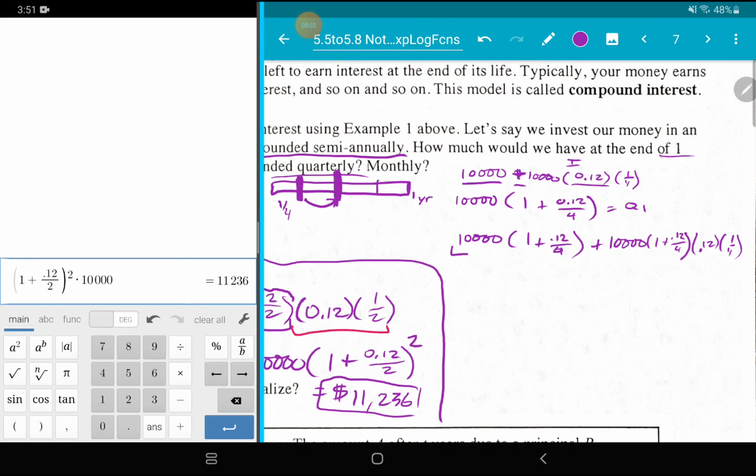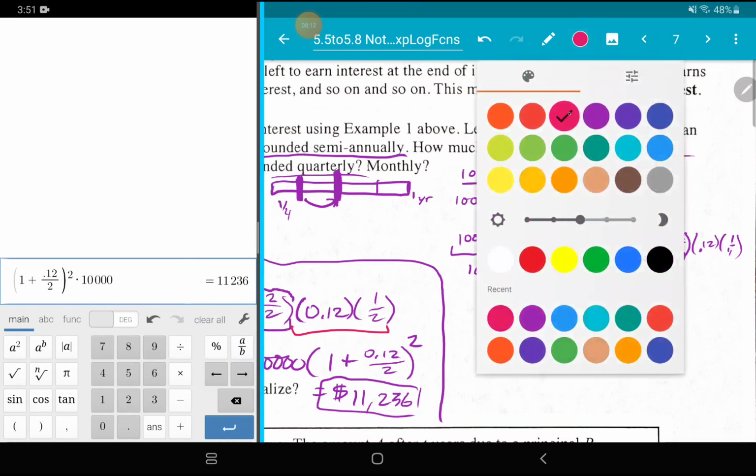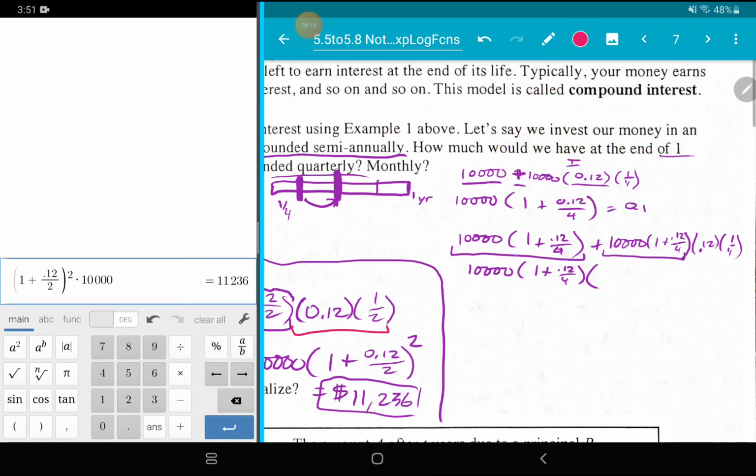Now as we take a look at what's in common with these 2 terms, we can factor that out. 1 plus 0.12 over 4, and then what we're left with then is this whole thing, 1 plus, we already took care of this, 0.12 over 4.